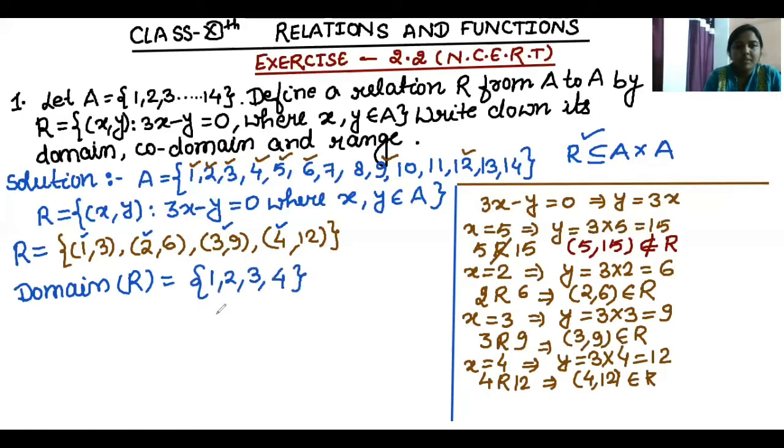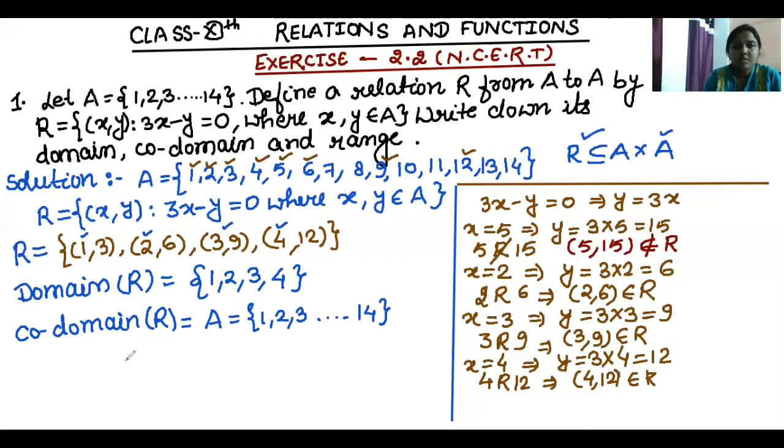This is the domain value. Now second is the codomain. Codomain means the second set from the Cartesian product. The Cartesian product is here A cross A, so the second set is also A. So we write A, which means 1, 2, 3 up to 14. This is the codomain.